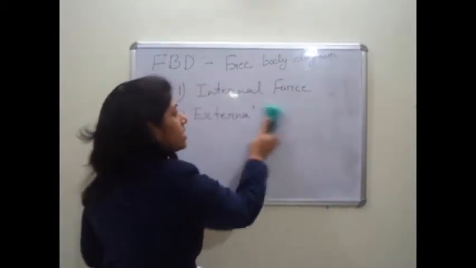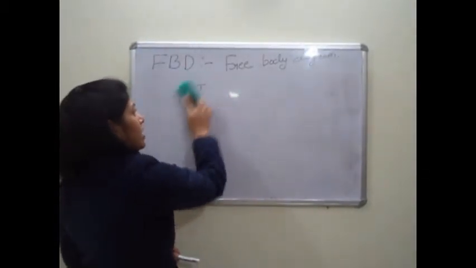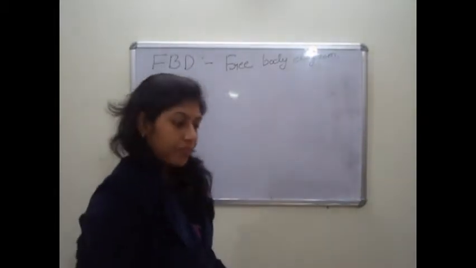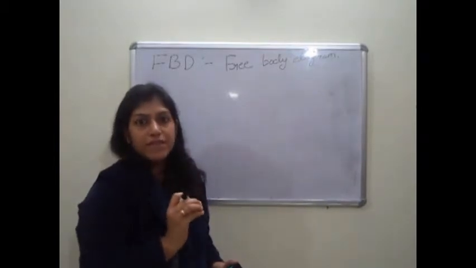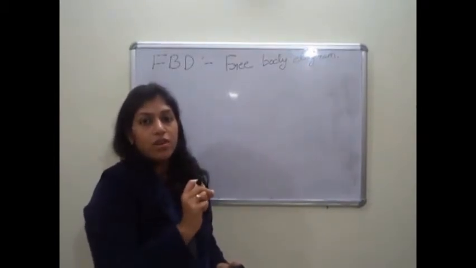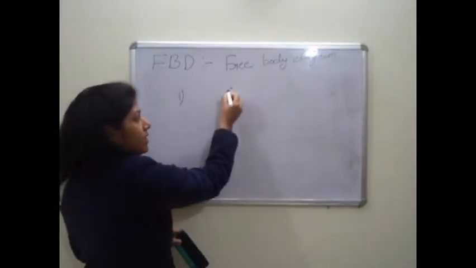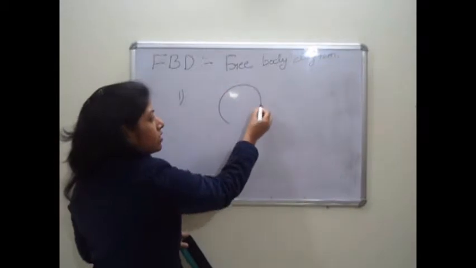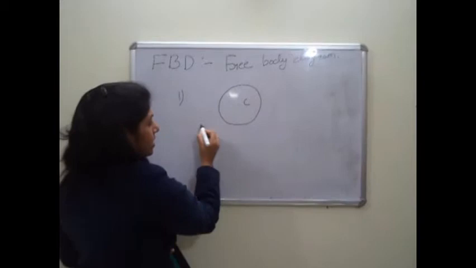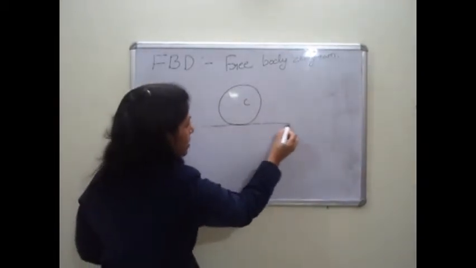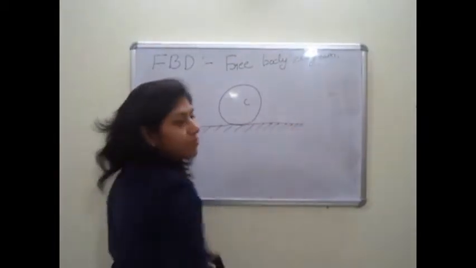I'll discuss the free body diagram through different types of examples so you can understand it better. In the first example, I'm considering a sphere with some center, resting on a rough, frictionless horizontal floor.